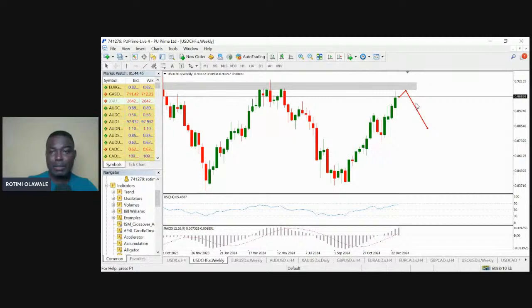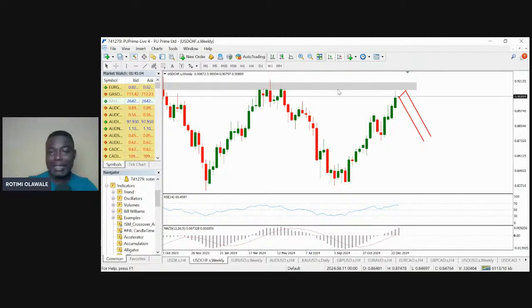That's my outlook for the USDCHF. It's a 50-50 thing. It may hit it and decline, or we may just have an outright decline of USDCHF. So I hold the bearish outlook on the USDCHF for this week.